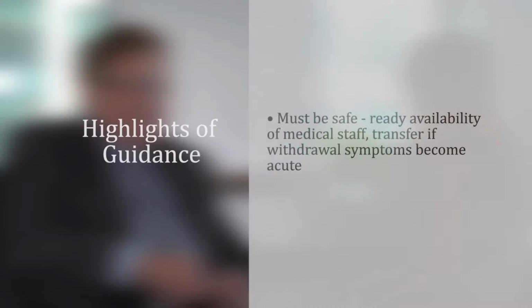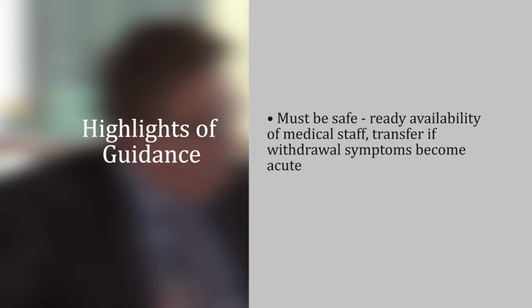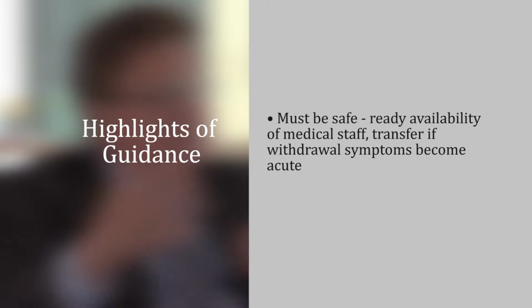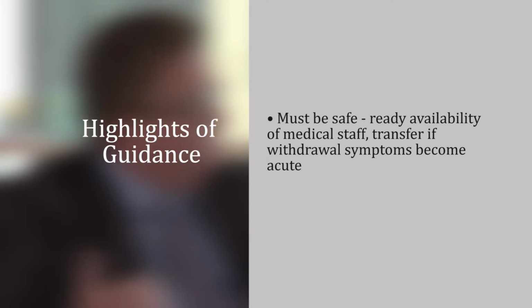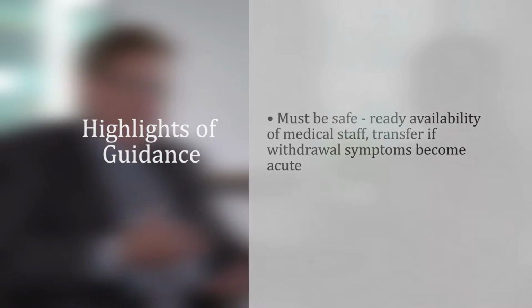How about safety? I know you've said it a couple of times. Is that addressed in the guidance? Yes, always err on the side of safety. If somebody has a history of more severe withdrawal, and it's expected that that person will have that more severe withdrawal again, then that would be a person you would refer on to a more intense level of care.